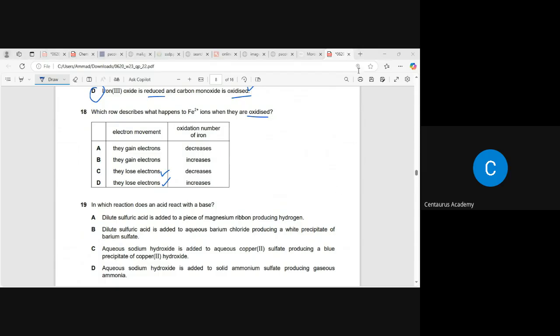The oxidation number is going to increase as a result. All right. So you're going to go with option D.